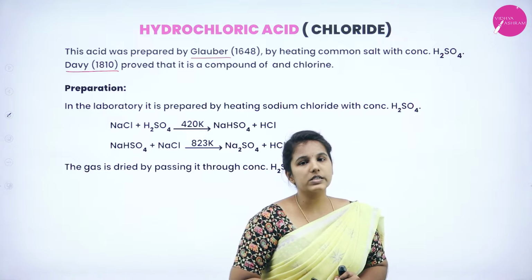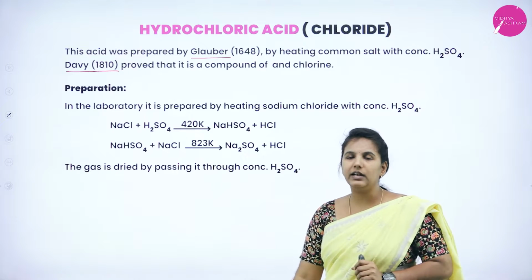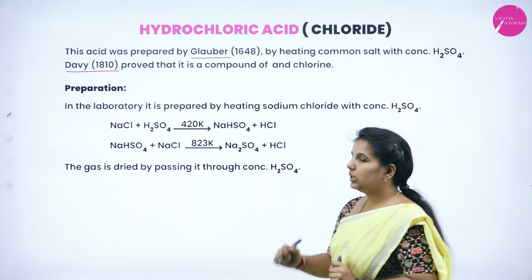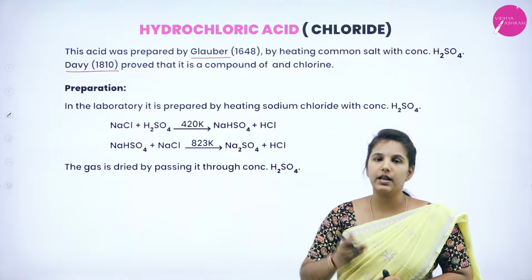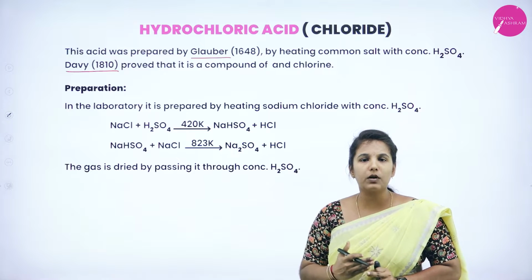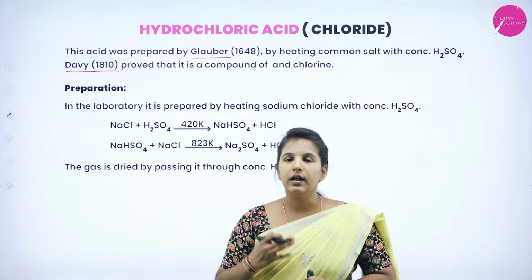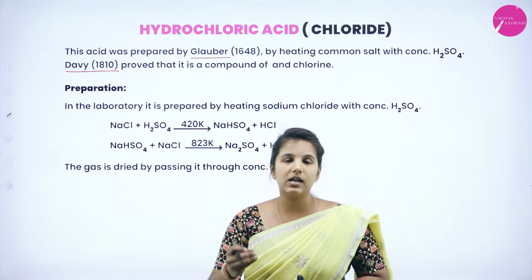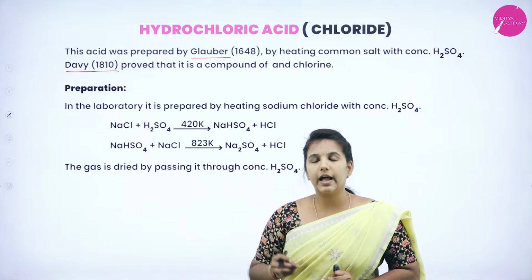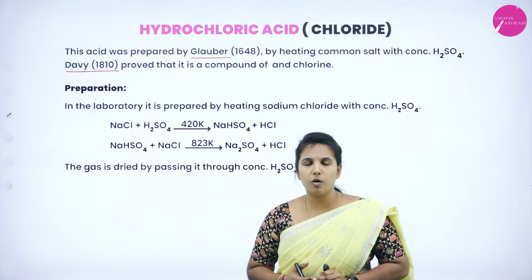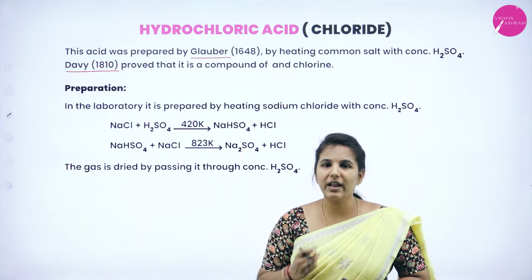So who discovered it for the first time in 1648? Glauber was the first person; he prepared hydrochloric acid by treating sodium chloride with concentrated H2SO4. Later he came to know that it is HCl and it is an acid. Later the elementary nature of chlorine and its relation to the compounds of chlorine was proved by Davy.